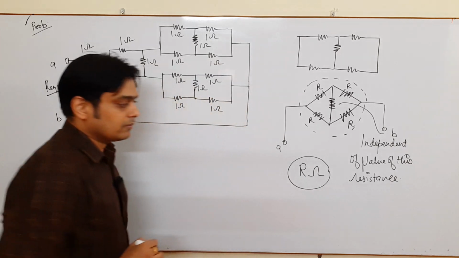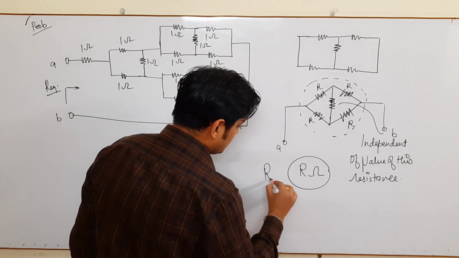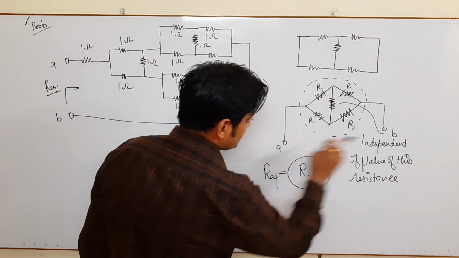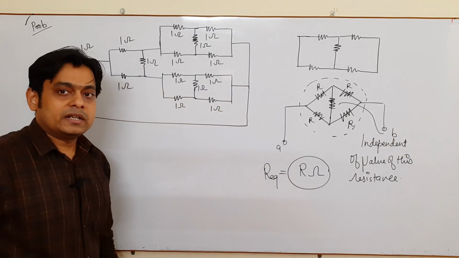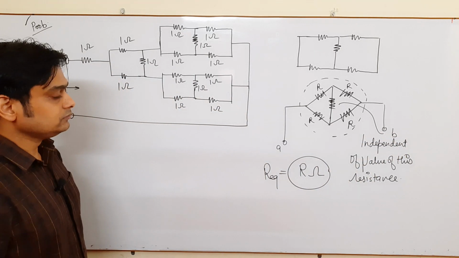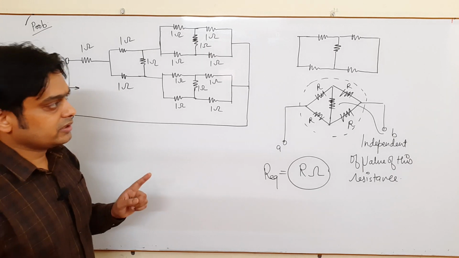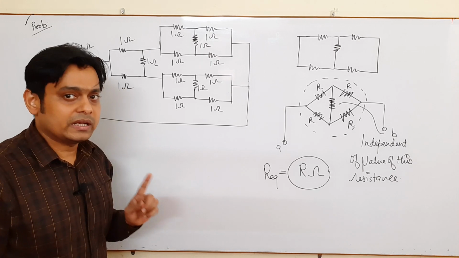Just keep in your mind, very important thing, the equivalent resistance at these two terminals is R ohm. So it is a very important concept and applicable in so many areas.